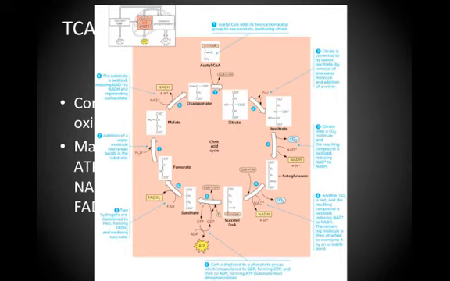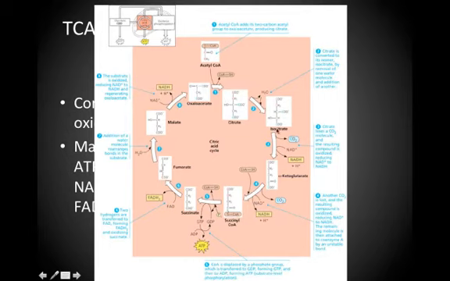The important thing to realize here is not how to draw these. At one point I used to have people memorize how to draw them, but it's not really important to do at this stage. What's important is to recognize what's happening to these molecules at each step.